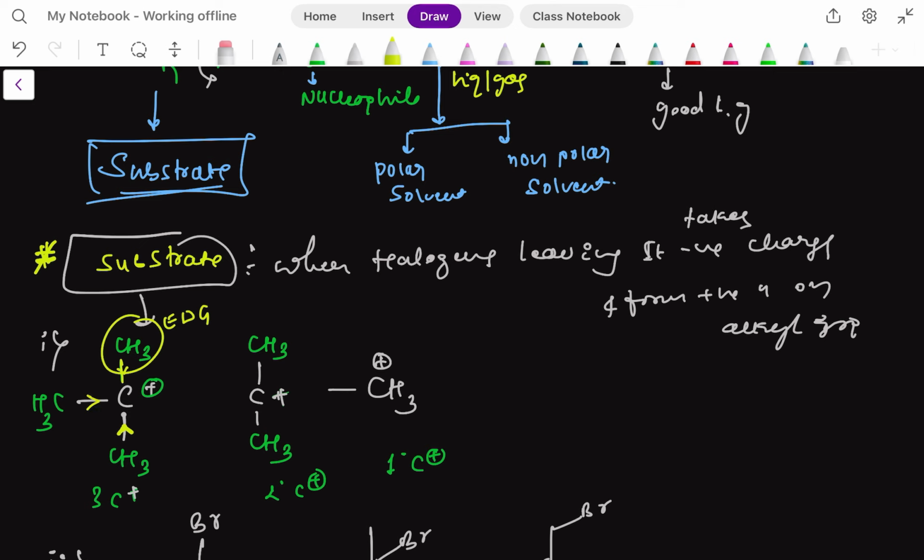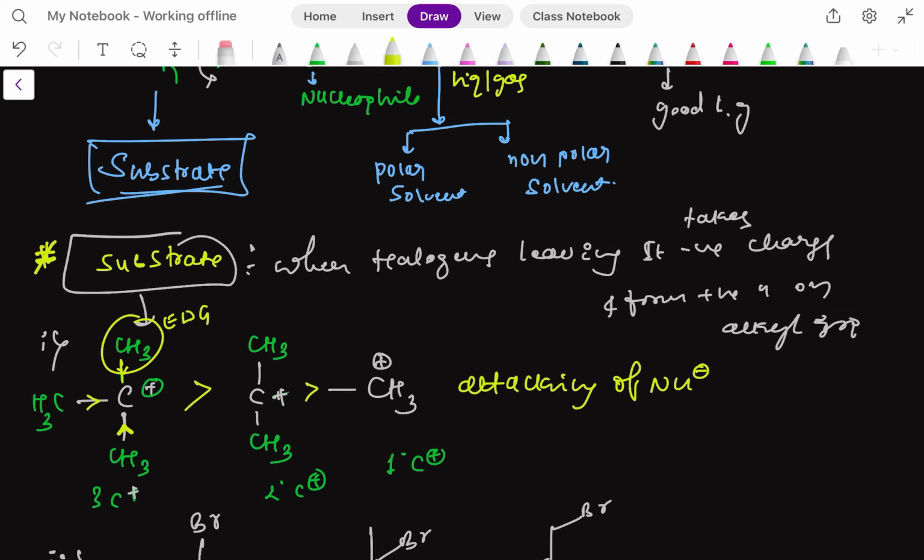In the first case, in molecule A we have 3 methyl groups, meaning 3 donor groups, so it is more stable compared to 2 methyl groups, compared to 1 methyl group. I hope it's clear. So this is how you need to remember. If the stability of the substrate is more, always keep in mind, attacking of nucleophile is easy.